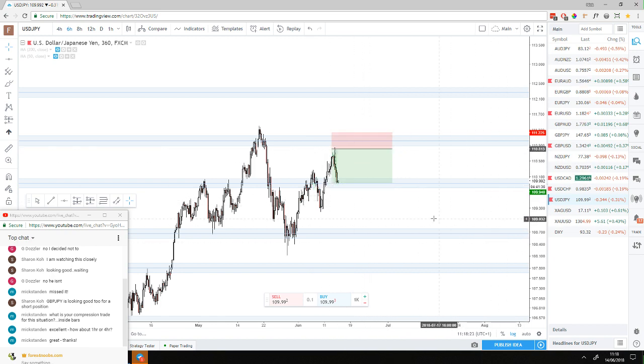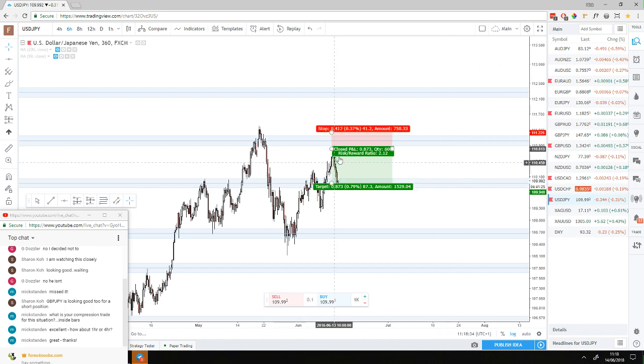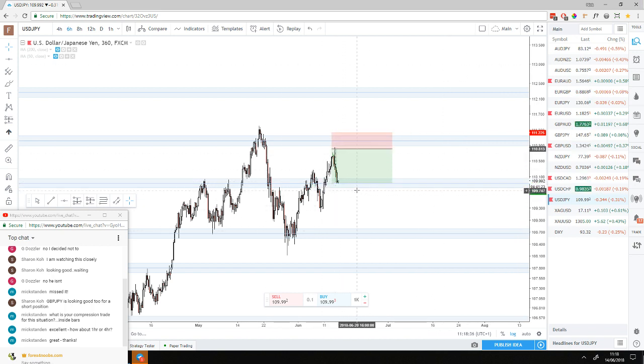I think I probably am going to hold it though. You guys know me, I just don't like holding trades over the weekend. So that's why I'm considering getting out. But this is a longer term trade really. So I might just stay in. We'll just see how it plays out.